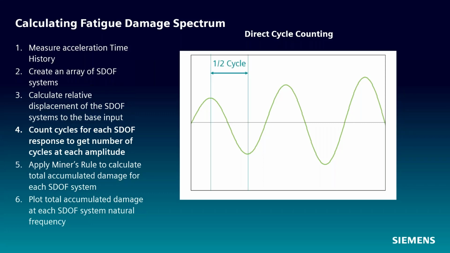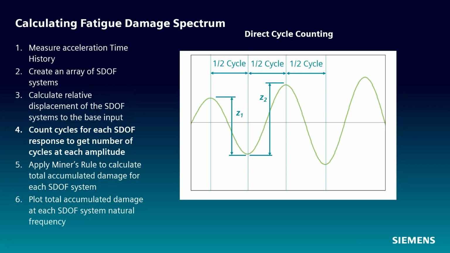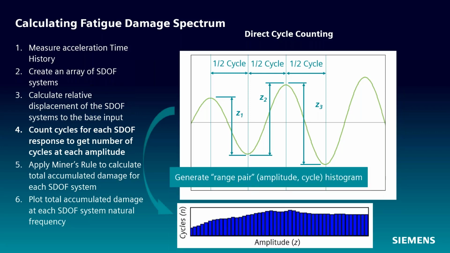And what we do is we start looking at half cycles from a peak to a peak, and we take that amplitude. And then we look at the next half cycle and take that amplitude. And we keep going through looking at each half cycle and measuring an amplitude. And then what we end up with is this histogram of range pairs, where we have each amplitude in relative displacement and then the number of cycles at each amplitude.